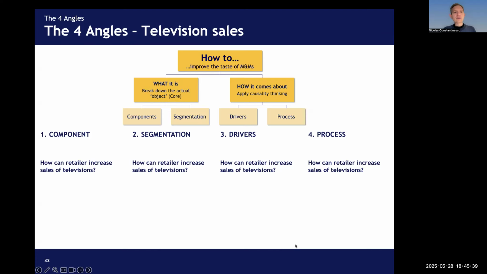This question, how can a retailer increase sales of televisions, has 2 cores. One is increasing sales, so we can focus on how do we increase sales? And the other one is televisions. We can focus on breaking down televisions and getting more insights into how we can increase the sales of televisions.